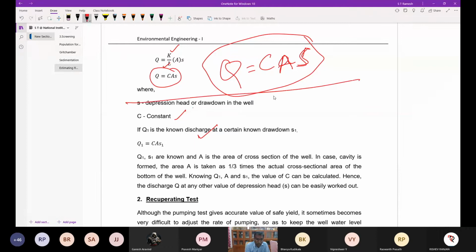This is a general formula, and for a particular drawdown you can also calculate the Q1 value.